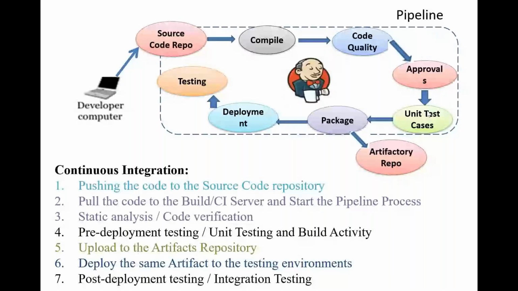If unit test cases are successful, then the entire application code will be packaged into a binary file, and this binary file will be stored in the artifact repository. Once that application is stored in the artifact repository, it goes for deployment to the servers. After deploying to the servers and the platform is ready with that application, we go for running the post-deployment test cases which are planned for this application.